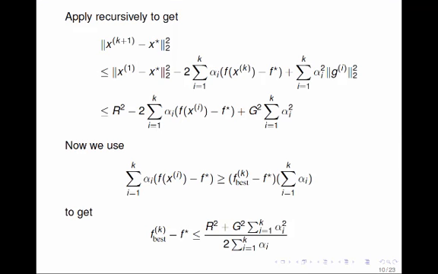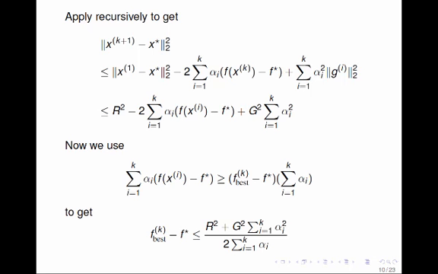Now, R again is the radius of the ball within which we are optimizing. So it's an upper bound to this distance over here. G is the maximum possible size of each subgradient.